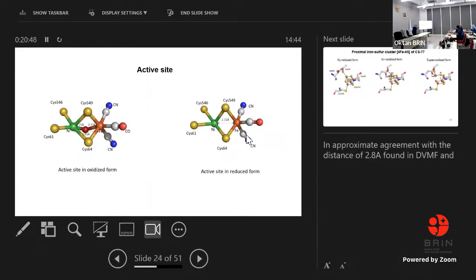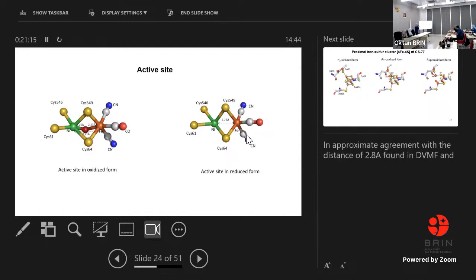All right, so we move on with the data analysis from the crystals with trypsin treatment to solve the structure. Okay, so we get the structure in active, oxidized and reduced form. So this is the difference of the active sites in oxidized and reduced form for hydrogenase.